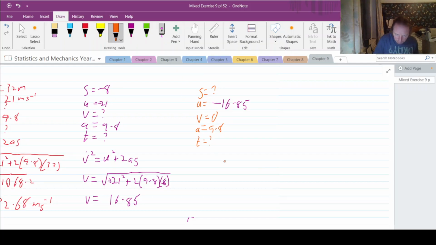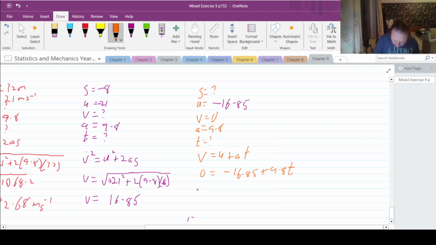So using my orange pen, I'm going to be using V equals U plus AT. Final velocity of 0 is equal to minus 16.85 plus 9.8 t.